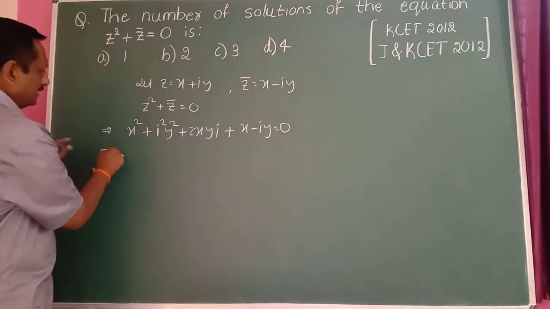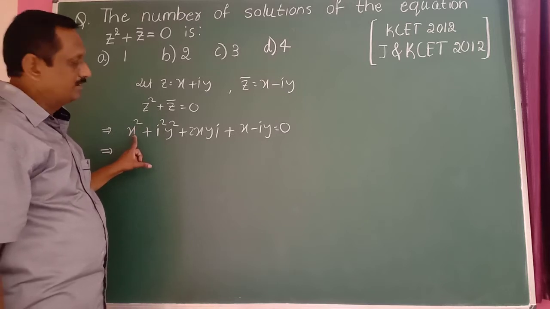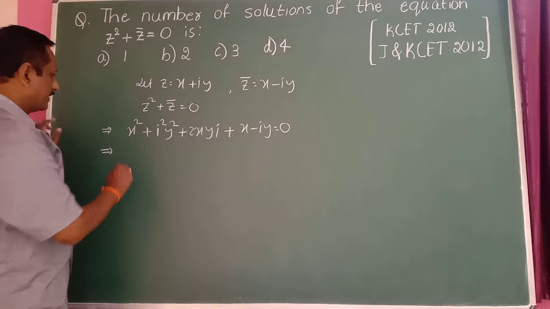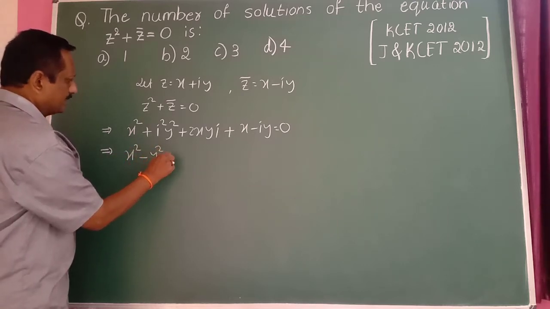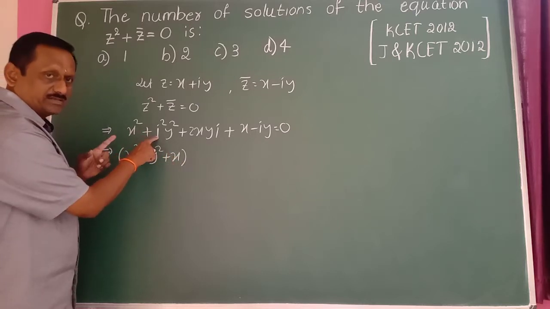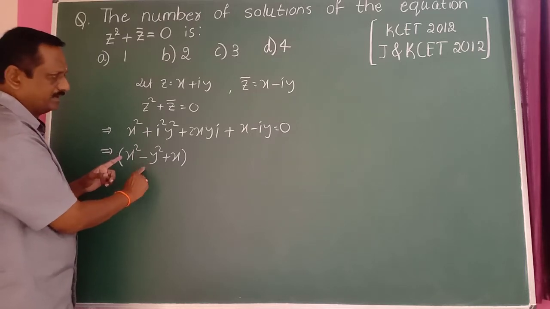Therefore, i square is minus 1, x square is a real part, minus y square is a real part, and x is also a real part. So x square minus y square plus x, because i square is minus 1, so this becomes a real part.